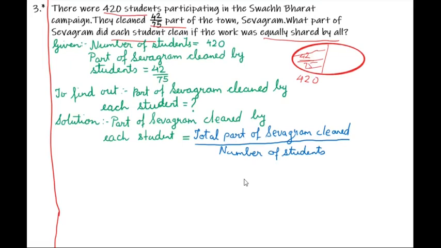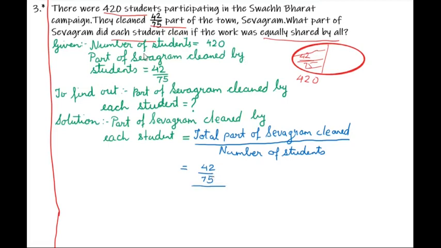So below the equal to sign, I will take equal to, and the total part of Sevagram cleaned is 42 upon 75. So I have written it, 42 upon 75, upon. So now I will write upon the number of students. So what is the number of students?